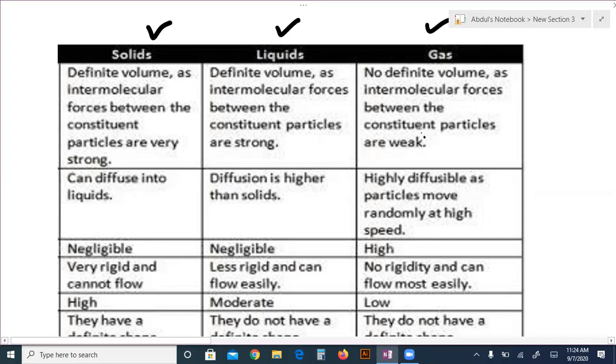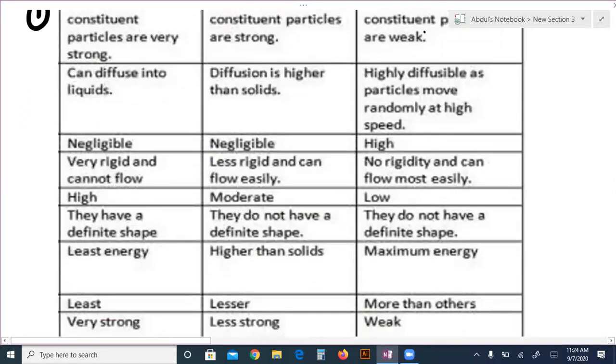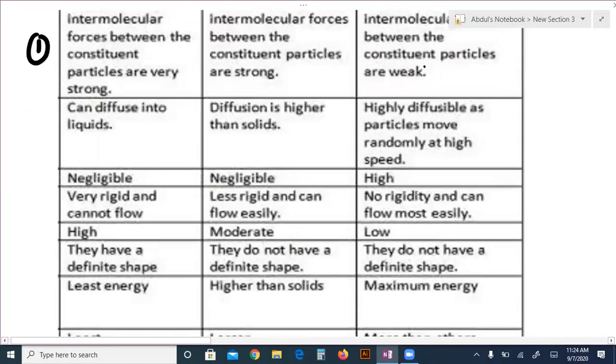Gases have no definite volume as the intermolecular forces between the constituent particles are weak. So this is number 1 we have to remember. Next, diffusion: solids can diffuse into the liquid. Diffusion in liquids is higher than solid, and gases are highly diffusible as the particles move randomly at high speed.